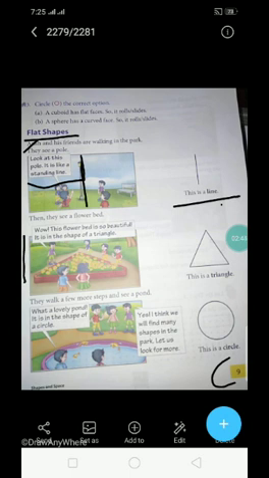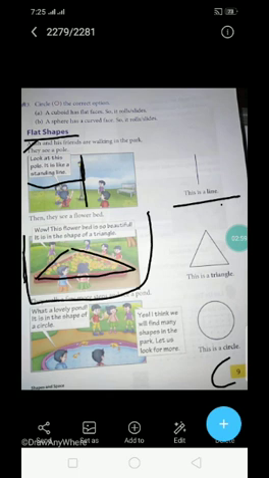Now next picture, what did they see? Wow, this flower bed is so beautiful. It is in the shape of a triangle. So this flower bed is in the shape of a triangle and this is a triangle.